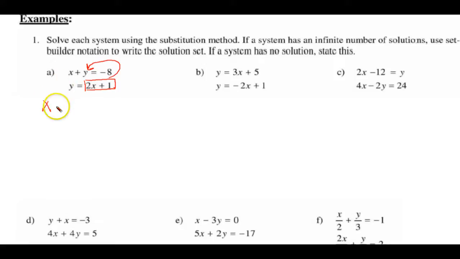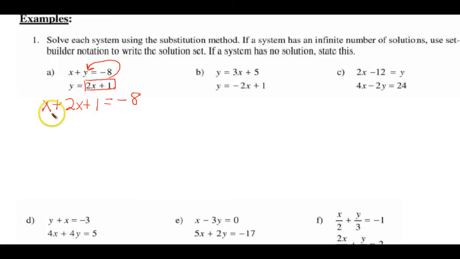X, which is this x. Now this y, we're going to put this value here. And then we're going to write this -8 here. We now have an equation in just one letter, x.